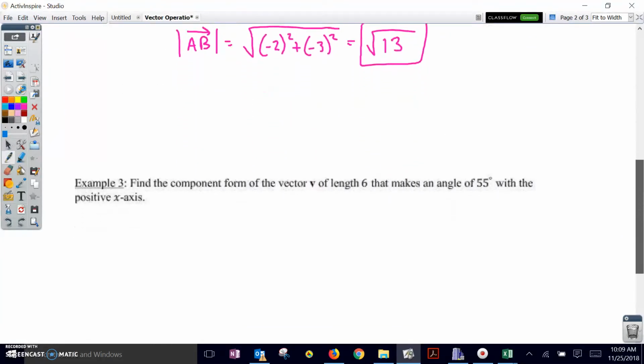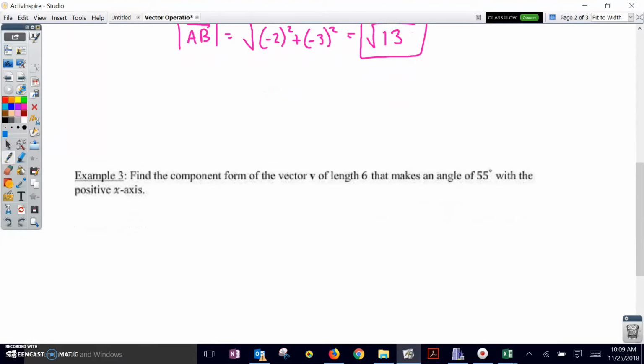Find the component form of the vector V of length 6 that makes an angle of 55 degrees with the positive x-axis. So we've got this vector. It makes an angle of 55 degrees with the positive x-axis, and the length of this vector is 6 units. So in order to find the component form of said vector, we're going to use right triangle trigonometry.